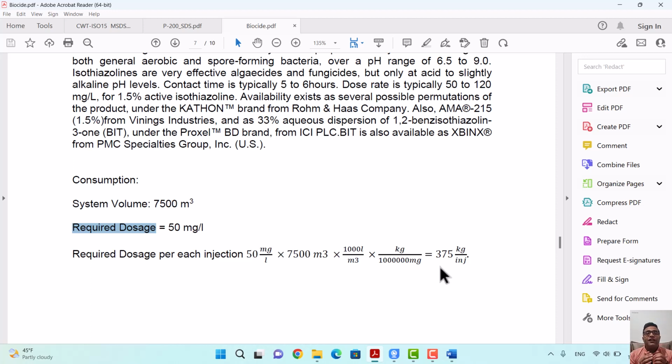Each injection is done on a 2 week basis. For one company, it might be on a weekly basis. I myself prefer to inject the non-oxidizing biocides such as isothiazoline on a 2 week basis. So you should check which one is suitable for your applications.